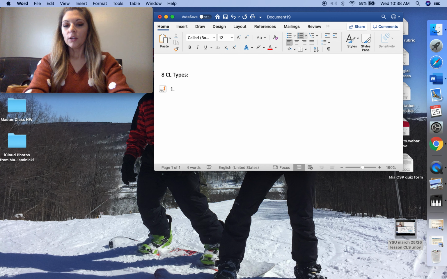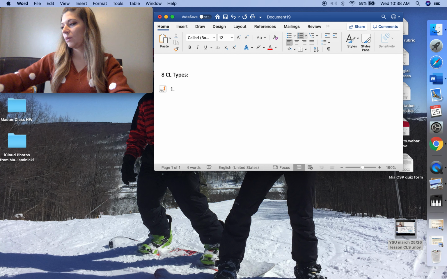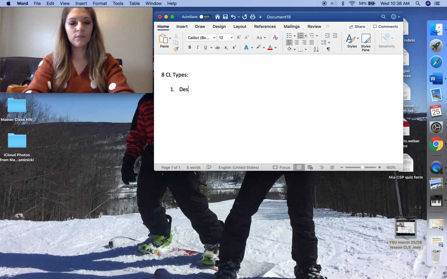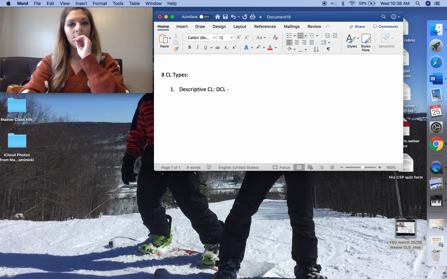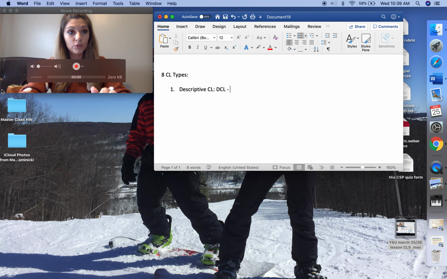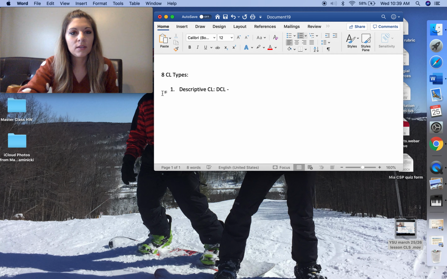So talking about our first classifier type is a descriptive classifier. And we usually abbreviate that as a DCL. And a descriptive classifier, so every classifier that you use, let me make myself a little bit bigger.